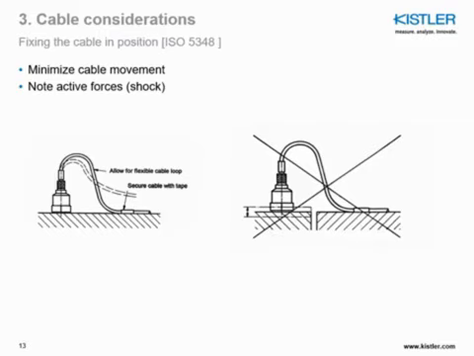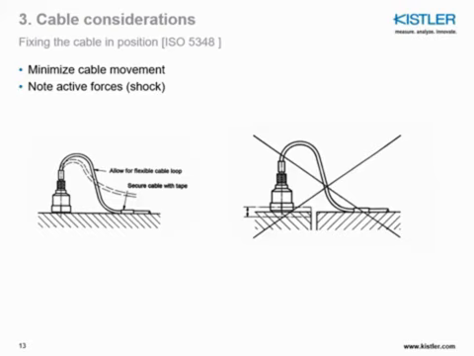In the video I showed you earlier, we were fastening the cable using a piece of tape on the shaker. We absolutely need to fasten the cable to minimize cable movement and avoid any active forces or shock that can stress the cable itself, but also the connector of the sensor.